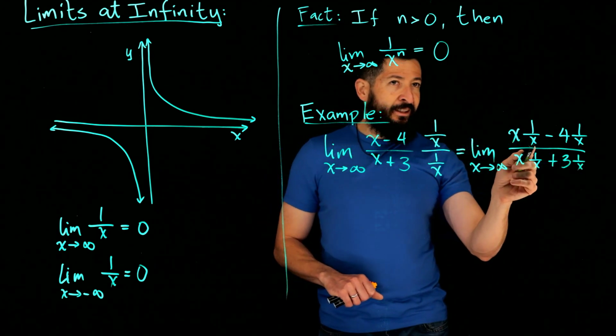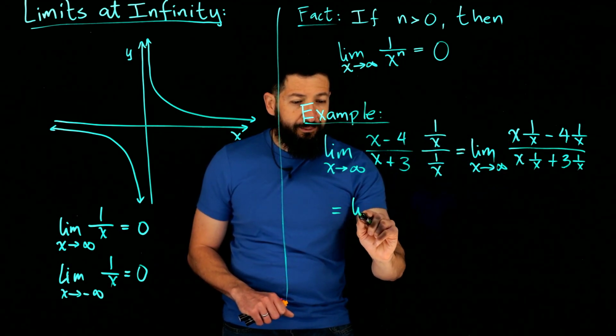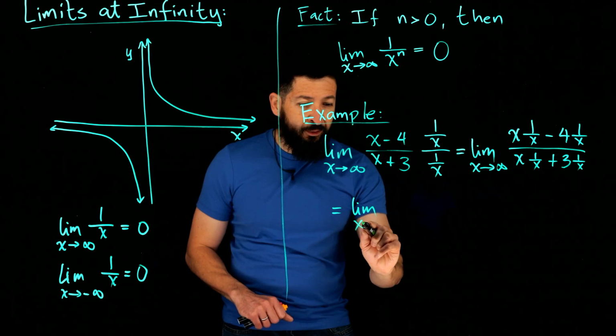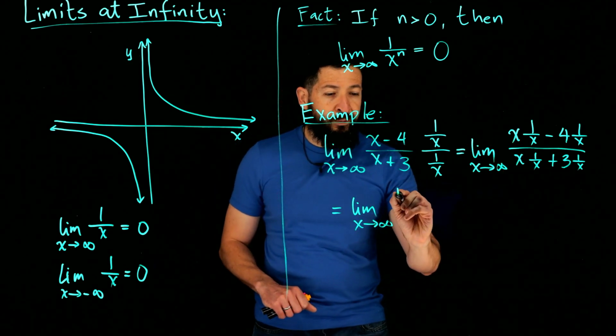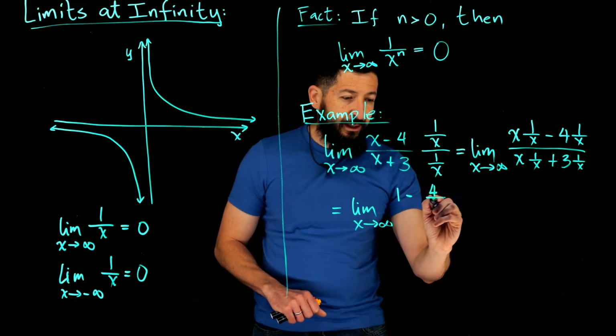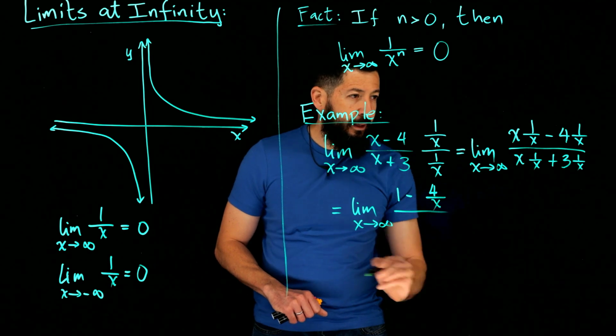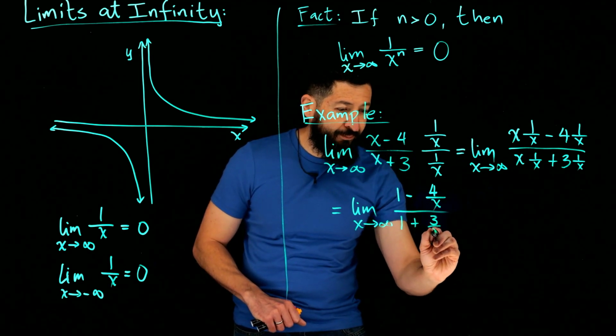So as you can see here, x and x will cancel, and you will end up with the limit as x goes to infinity of x times 1 over x, which is going to be 1, minus 4 over x, and then here I'm going to have 1 plus 3 over x.